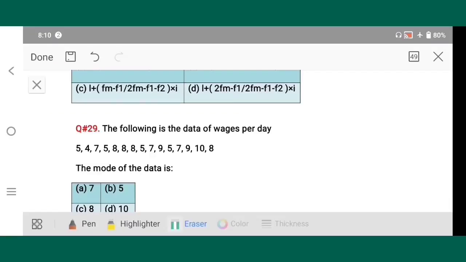Question number 29. The following is the data of wages per day, 5, 4, 7, etc. The mode of the data is, the options are 7, 5, 8 and 10.